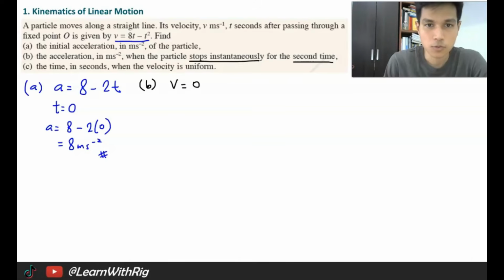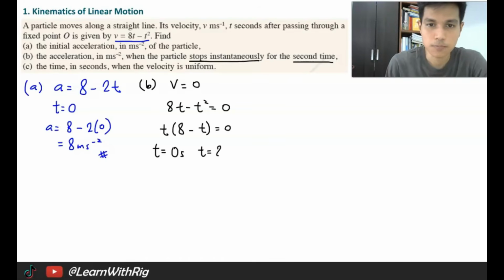Okay, so 8t minus t square equals to 0. So that's the velocity function. Then I'm going to factorize the t, so I get 8 minus t equals to 0. So t is equals to 0 seconds, and also t is equals to 8 seconds.